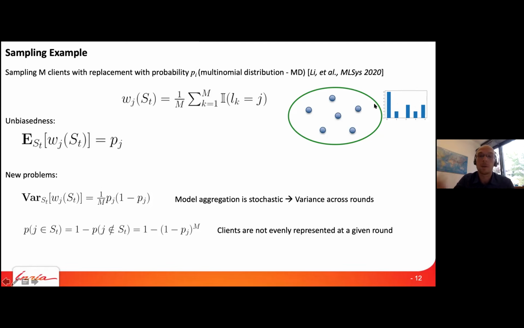So we can sample with replacement. So at the end, the stochastic weight you can imagine is just over the m samples that we pick, so the m clients that we would like to select among all the many. For that client, we assign 1 every time we pick the client among the m tries.